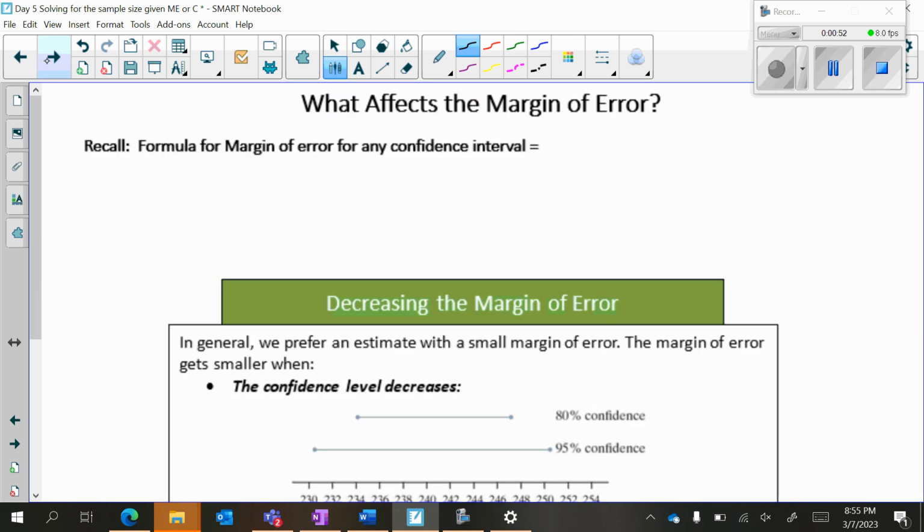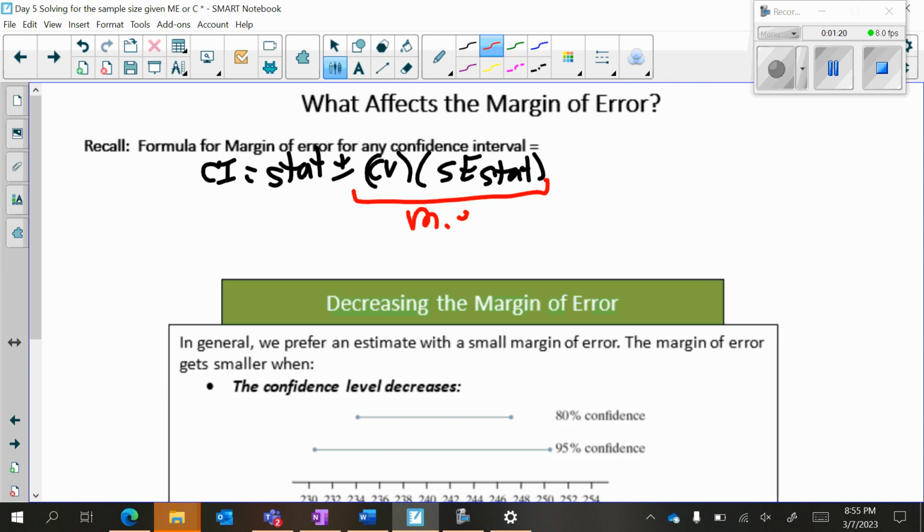Okay, so now let's go to Day 5. Today we're talking about margin of error and what impacts the margin of error of a confidence interval. If you remember back to your reference sheet, the confidence interval formula is statistic plus or minus critical value, CV for short, times the standard error of the statistic. The margin of error is the piece after the plus and minus. So the things that affect the margin of error are the critical value, which is Z star in this case, and the standard error of the statistic.